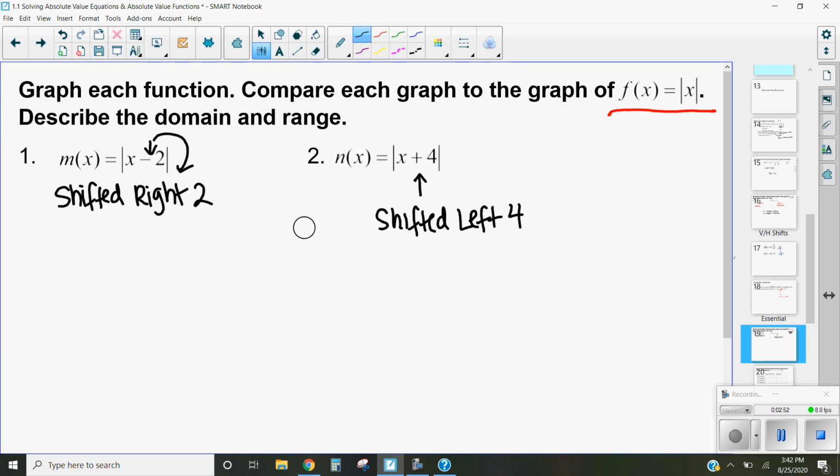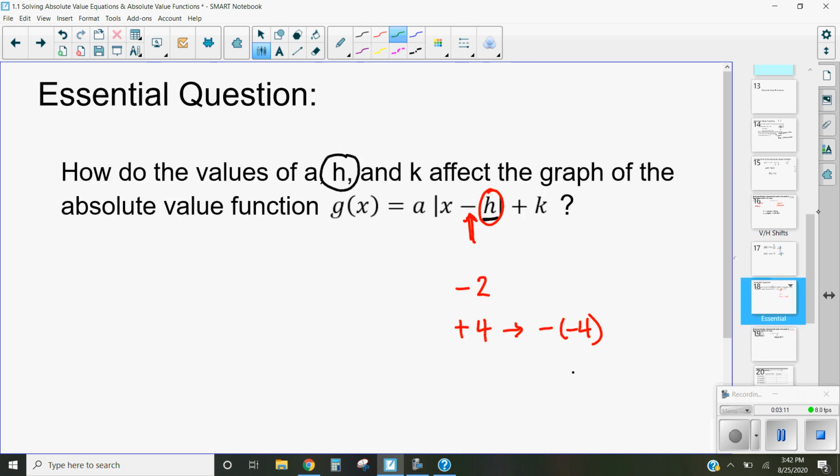And this seems kind of counterintuitive, because right here it looks like we have a minus 2, so why in the world are we going 2 in the positive direction? But remember what we talked about at the beginning of this video: we're looking at h, and h is the number we're talking about as shifting.